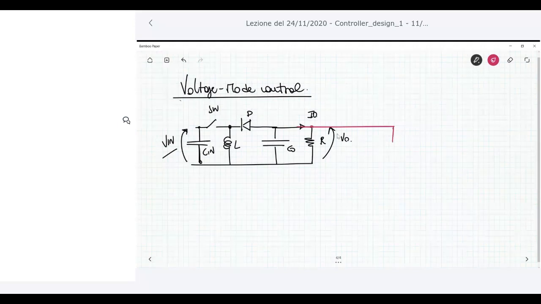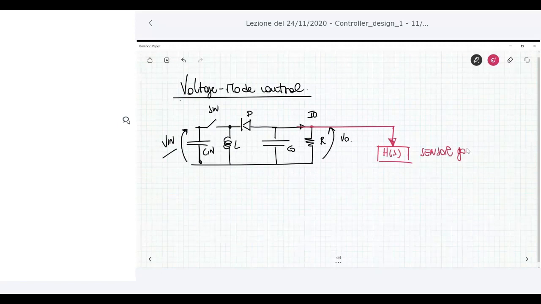We have to measure the output voltage. In order to measure the output voltage, we have a sensor. Suppose that we can reason with a linear time invariant model of our converter, so we can put a Laplace description. This is the transfer function of my sensor.